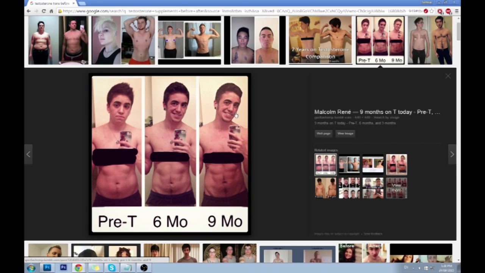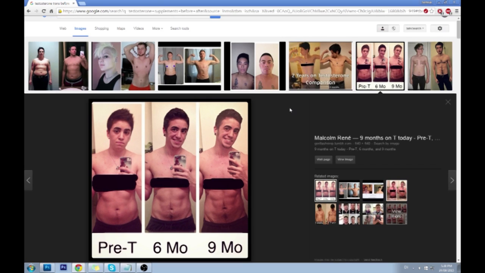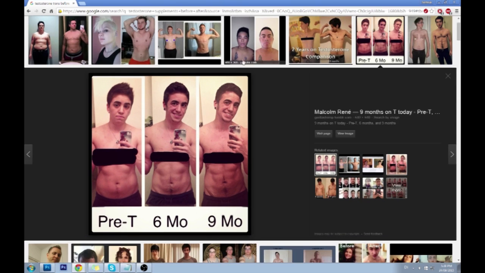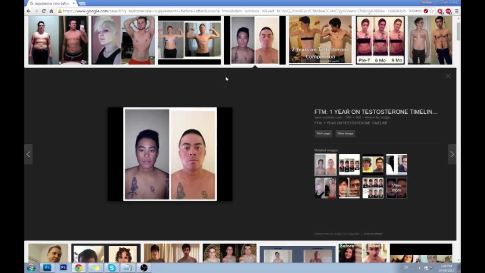Girl, boy. You guys see what I'm saying? That's what testosterone does. So all I'm saying is it doesn't really shrink the eyes, but it does give you this bone structure that's very masculine. Look at the chin. What happened to the chin? What happened to the nose? What happened to the forehead? The chin line, the forehead.